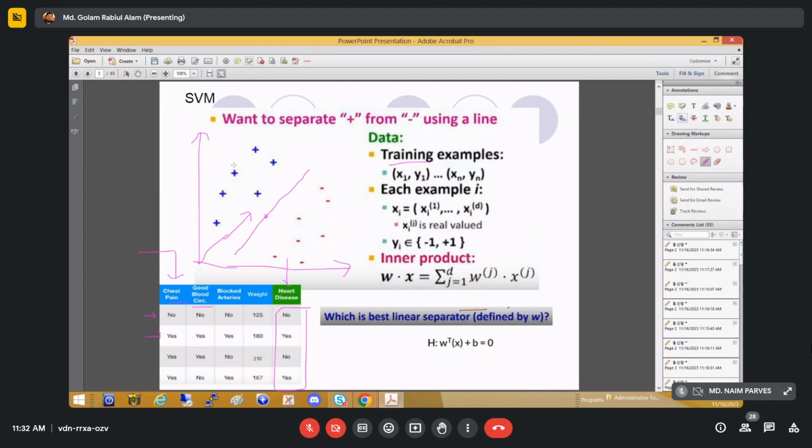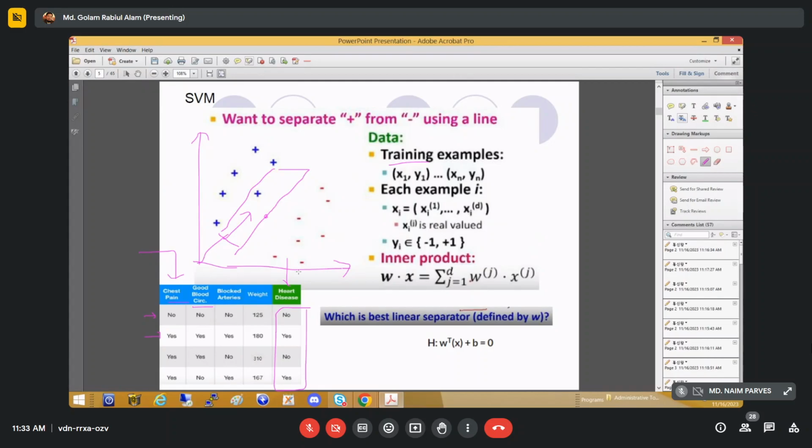To separate positives from negatives, we need a plane, not just a line. But when we have more than 3 dimensions, we need what we call a hyperplane. Whatever the dimensions are, like 4, 5, 100, or thousands of dimensions, we need the hyperplane to separate positives from the negatives.